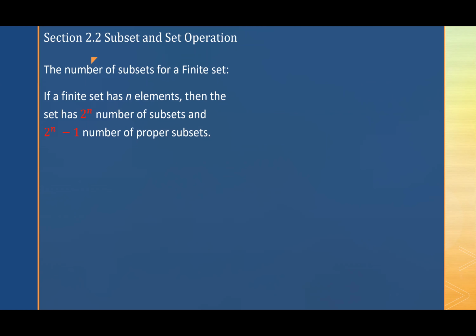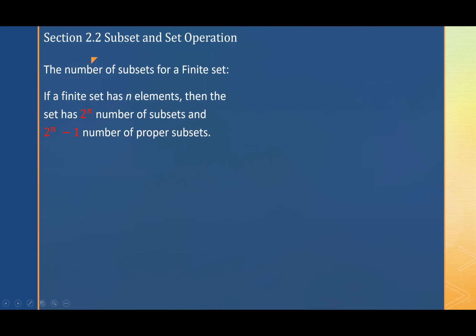Well, this is probably the only calculation you have: to find the number of subsets is basically 2 to the n power. 2 will always be your base, and 2 to the n power will be the number of subsets. And vice versa, 2 to the n minus 1 will be the number of proper subsets.